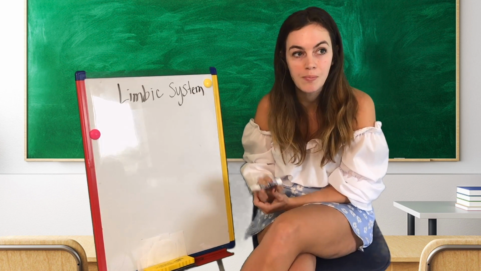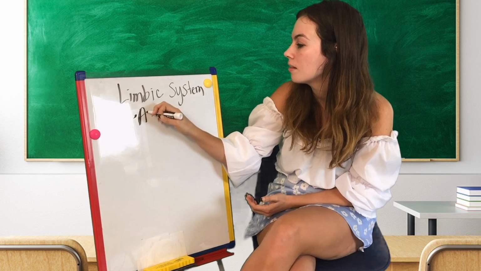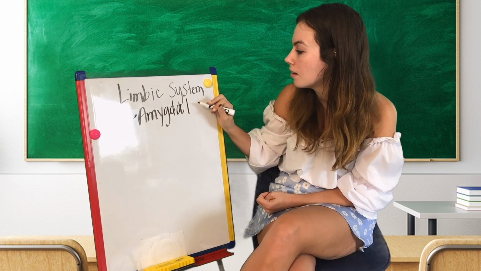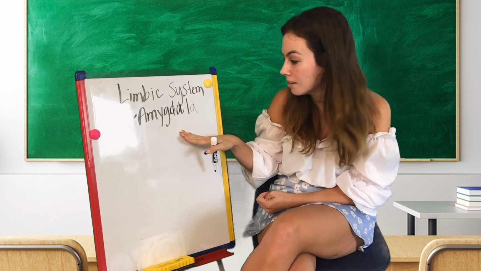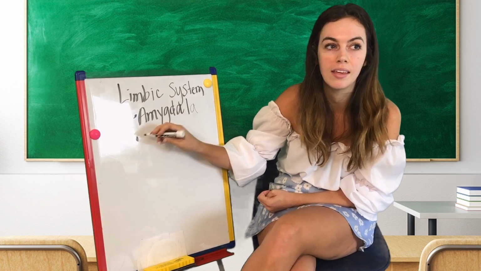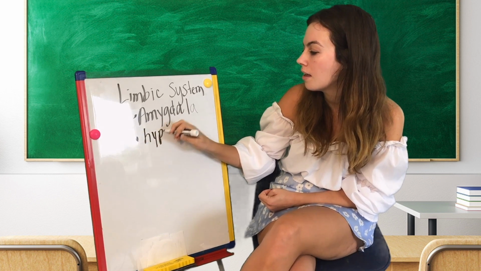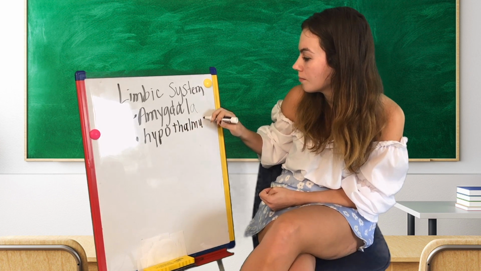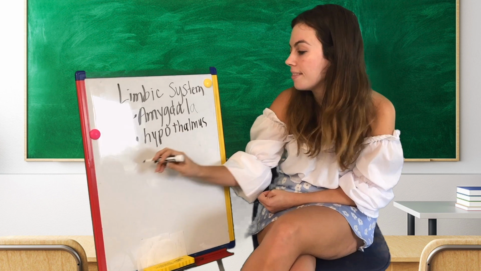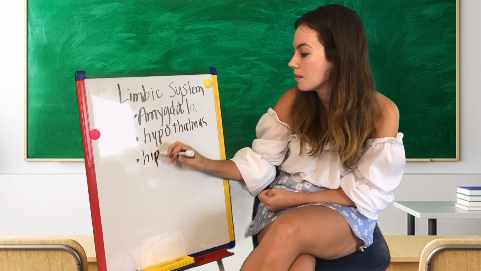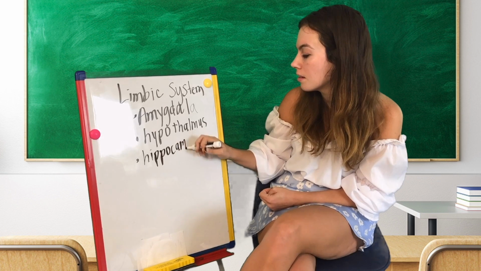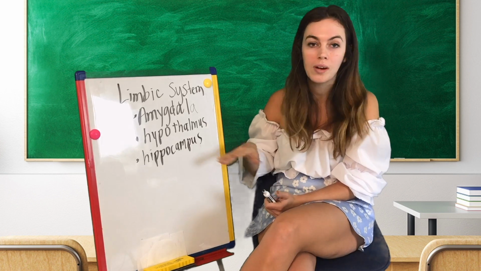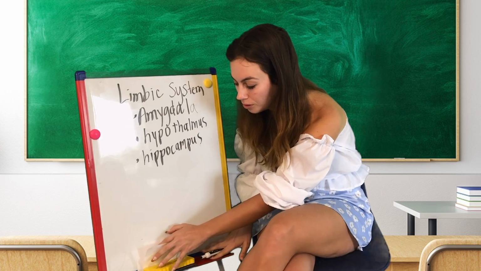Within the limbic system, we have the amygdala, and then we have the hypothalamus, and then the hippocampus. Each one of these parts has a job and a role.